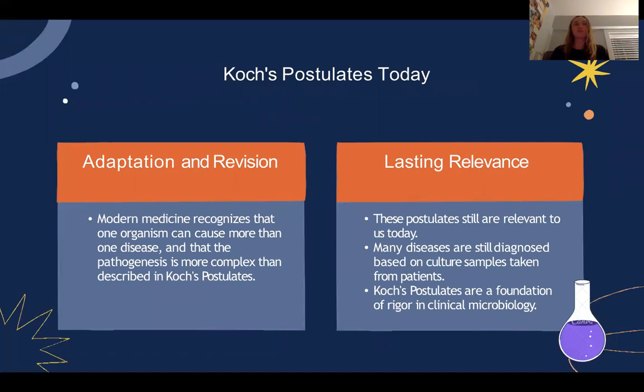So while we may not take these postulates as hard and fast today as they were when Koch originally created them, they still create a foundation for rigor in the field of microbiology, requiring scientists to really thoroughly test the things that they are doing.